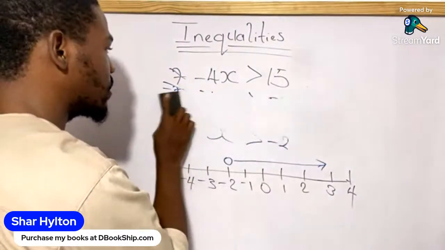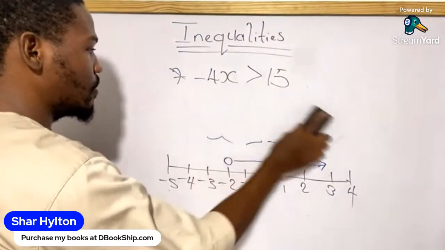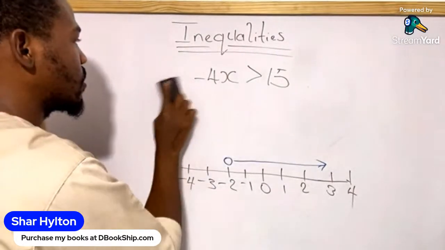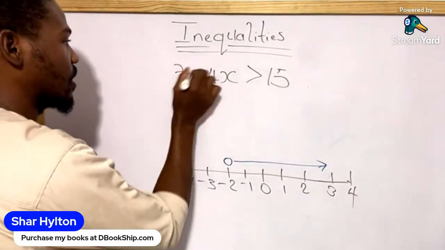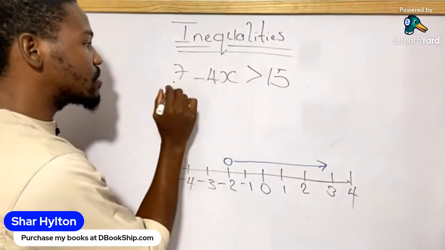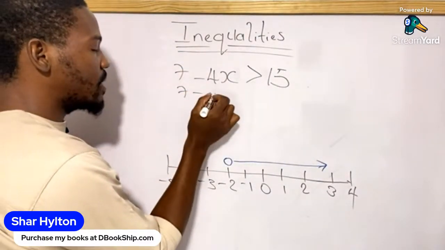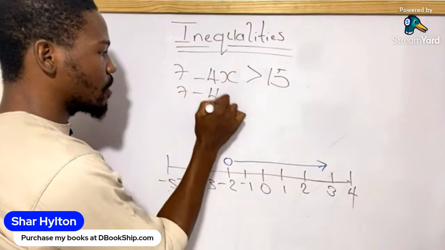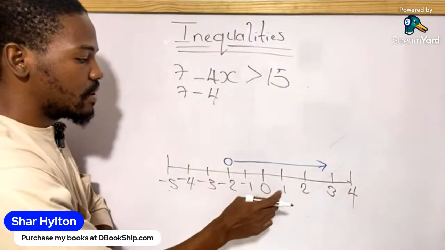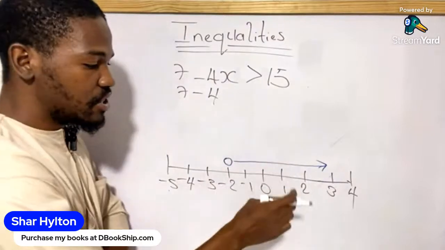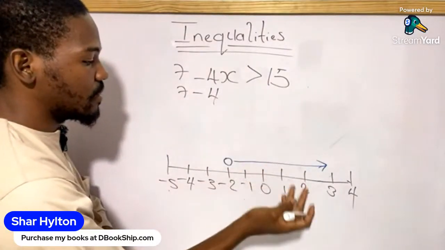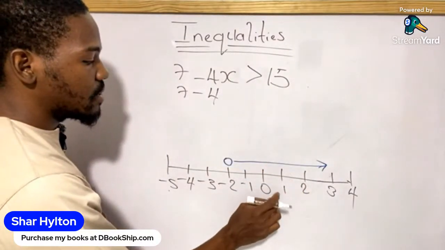So let's erase all the blue marker there. Let us put that up here and see if we're going to get that to be true. So 7 minus 4x, let's choose a value. If x is greater than negative 2, let's choose a value that is greater than negative 2. We can start with 0.